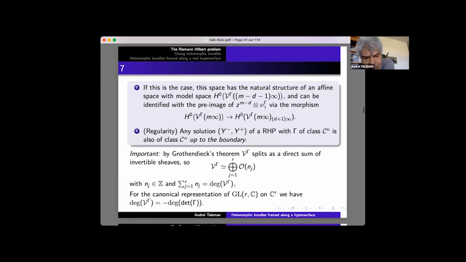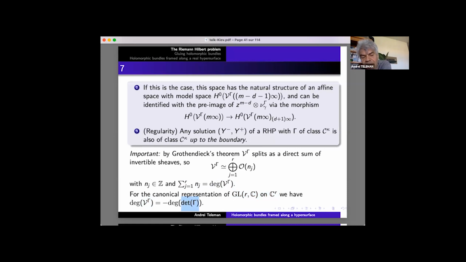Indeed, for instance, if you take the canonical representations of GL(r, C), as in Hilbert's and Plemelj's version, then the degree of this locally free coherent sheaf is precisely minus the degree of the determinant of gamma in the topological sense. Here the topologists would be very happy.